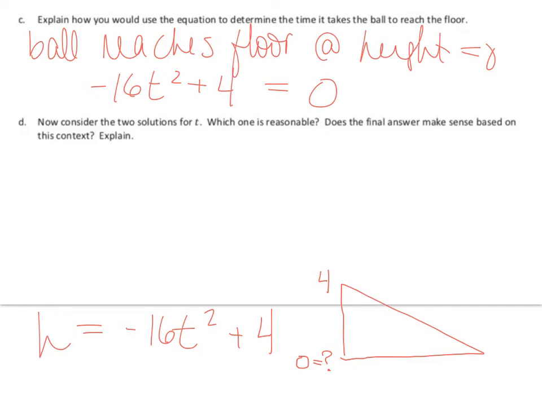Now consider the 2 solutions for t. Which one is reasonable? There's actually a few ways we can do this, and I'm going to show you both ways. I usually get a little nervous about showing 2 ways to do things because sometimes it confuses people, but we got this, right? I'm going to isolate that t squared by moving this 4 to the other side of the equal sign.